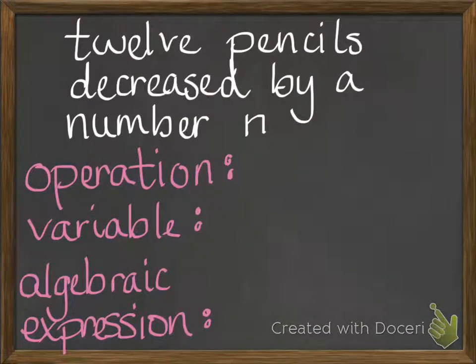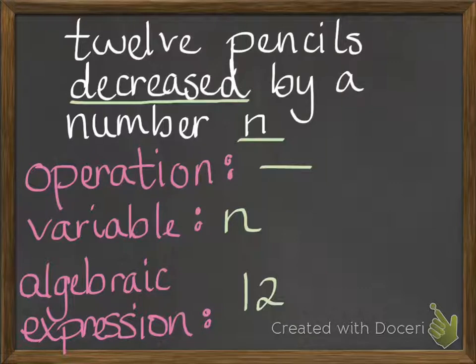Here's another one. 12 pencils decreased by a number n. Decreased tells me we're subtracting, so our operation is subtraction. Our variable is the letter n. And our algebraic expression will follow the sentence: 12 pencils decreased by a number n, so 12 minus n.